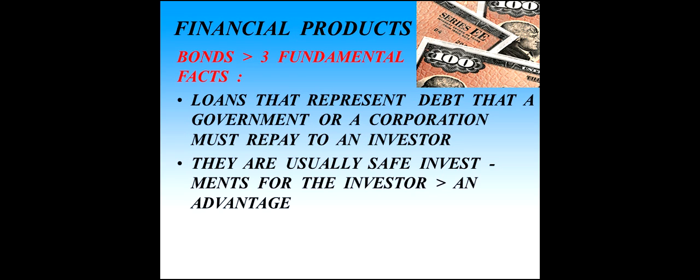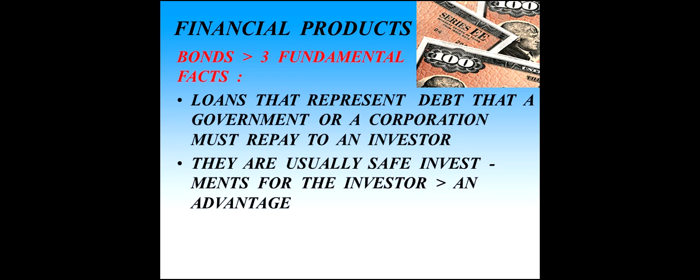And why are they safe investments? Well, particularly so for government bonds, because it's not very likely that a state or local, or for that matter, the federal government is going to go away and not be able to repay the bondholder, either the amount which is due at the end of the bond term, or the interest payments on the bond.